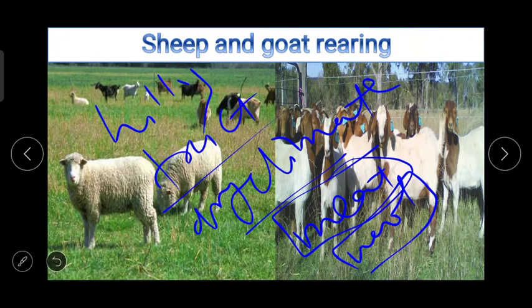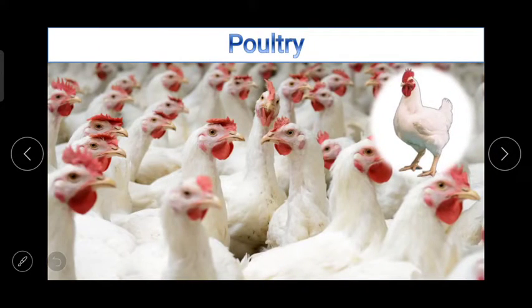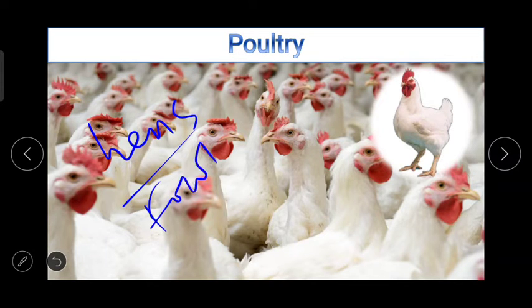Now next to the dairy farming and sheep and goat rearing, very important again, poultry. Keeping hens and other fowl is a common practice in all parts of the world, not only in India or any particular geographical region, and it is a traditional occupation.